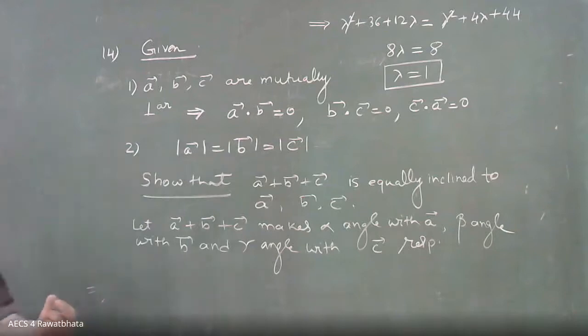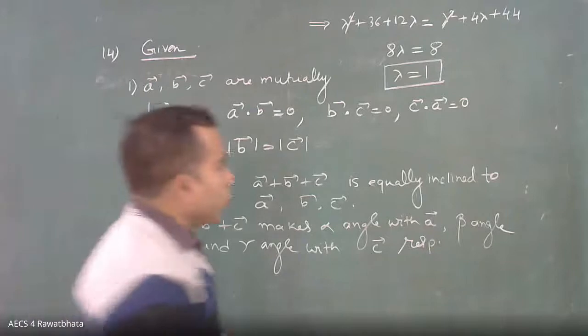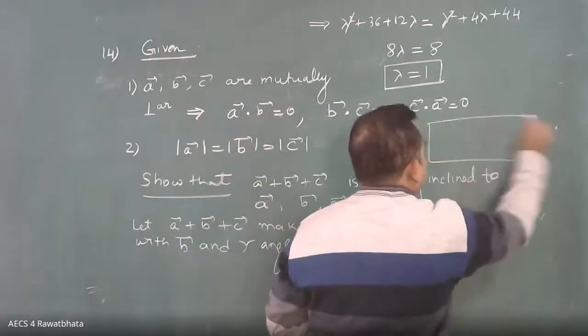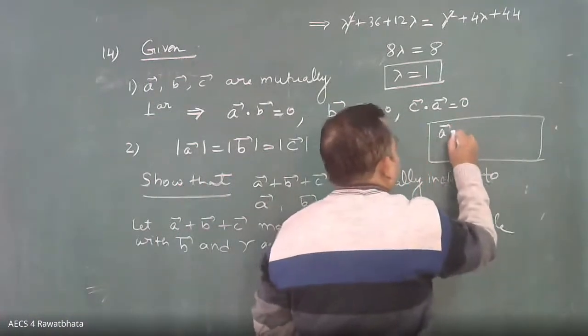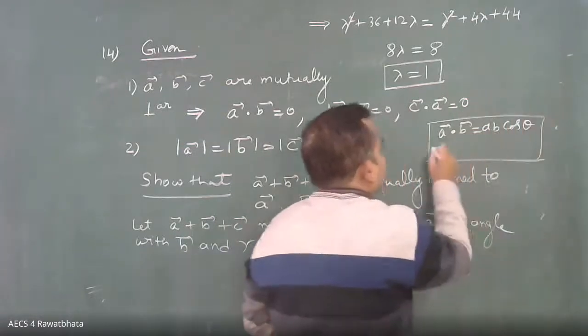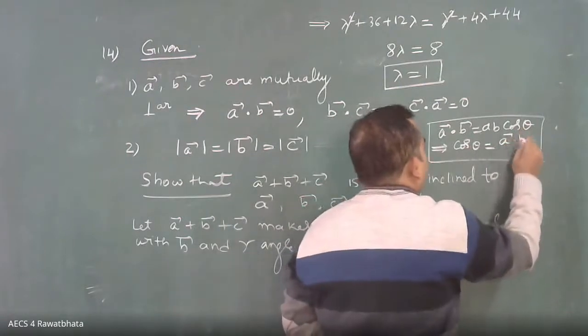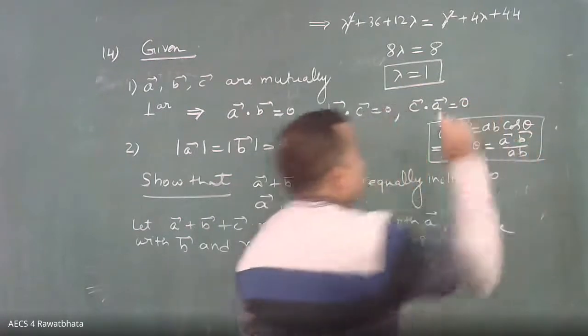Now, the good way to find an angle is the dot product, because you should know the definition of the dot product. A dot B is AB cos theta, which means that cos theta is A dot B upon AB. Right.